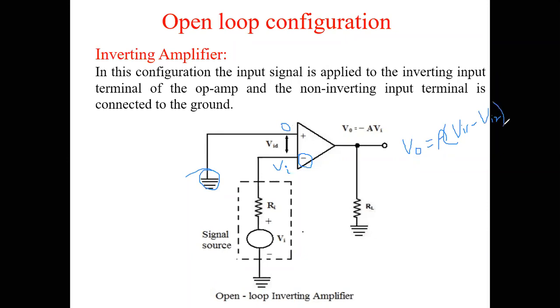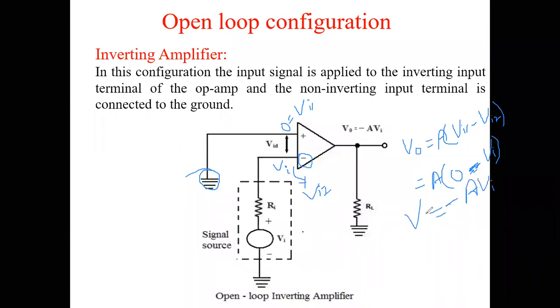Here Vi1 is taken as 0, and Vi2 is nothing but Vi. So that is A times 0 minus Vi. Therefore, this is equal to minus A into Vi.